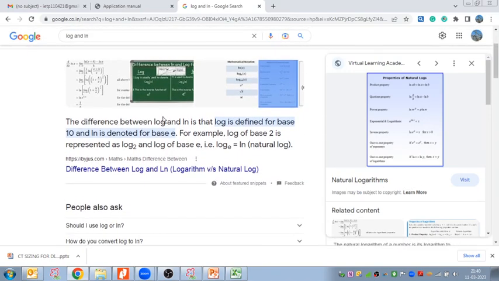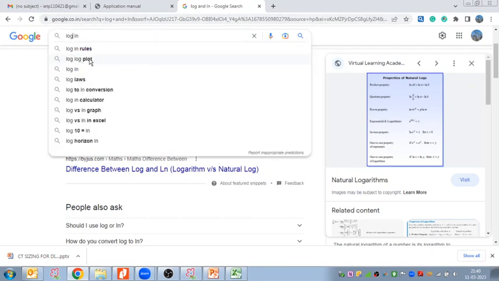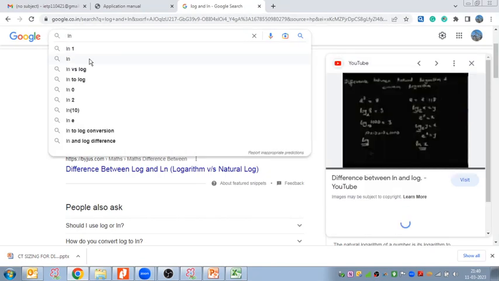The difference between log and ln is that log is defined for base 10 and ln is denoted for base e. For example, log of base 2 is represented as log 2, and log of base e is log e. ln is the natural log, so ln e would be 1.